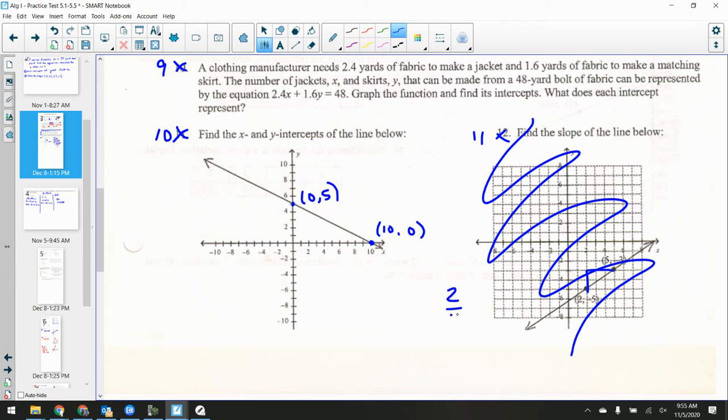You must have just miscounted. Oh, did you get 4/6? Then you didn't reduce down to 2/3. Yeah, you just miscounted. But again, it should have been 2/3.